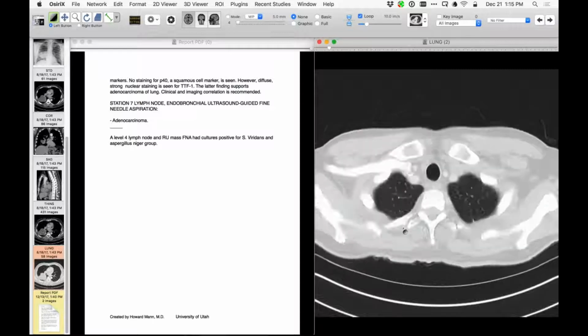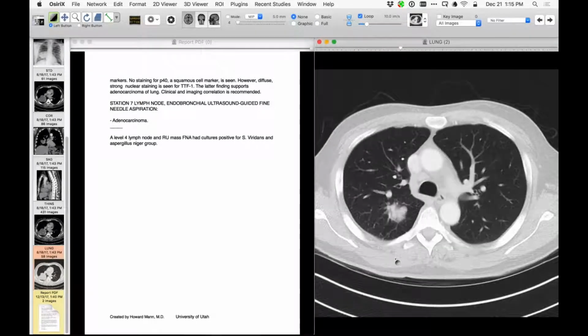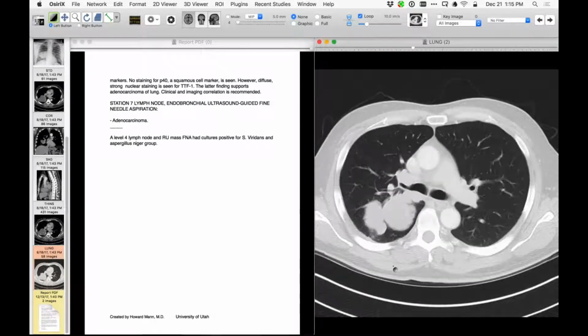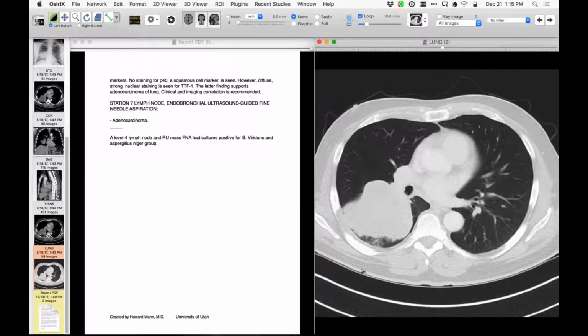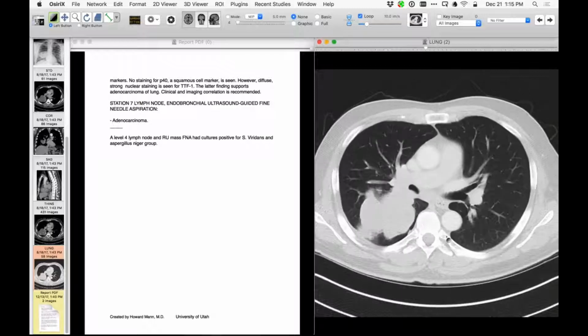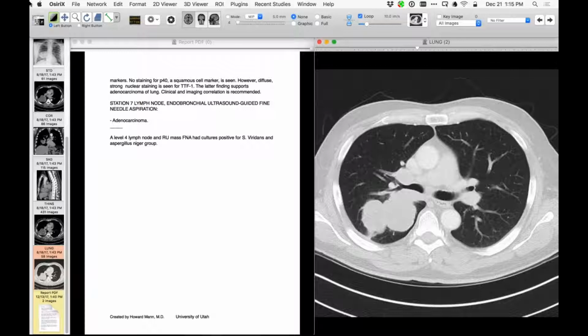I didn't expect to read that in the report when I got the follow-up, as you see there. So really quite unusual. And I think that they didn't operate in this patient because he's got metastasis to a subcoronal lymph node, as you see there. So it's kind of an interesting presentation too, a little bit unusual.